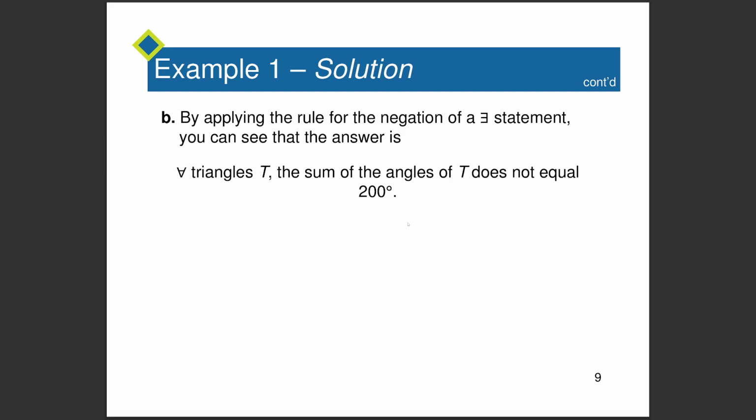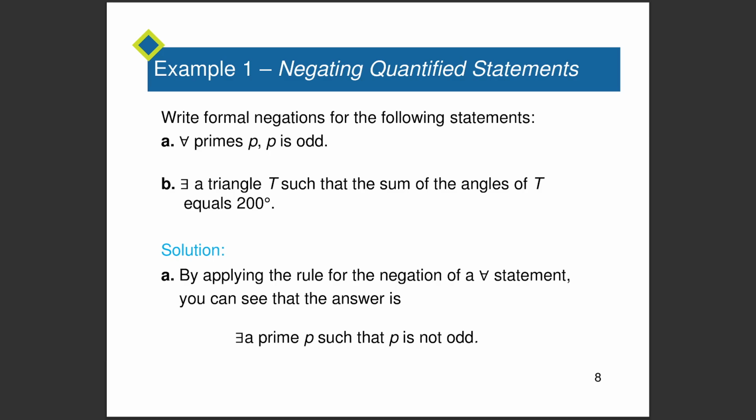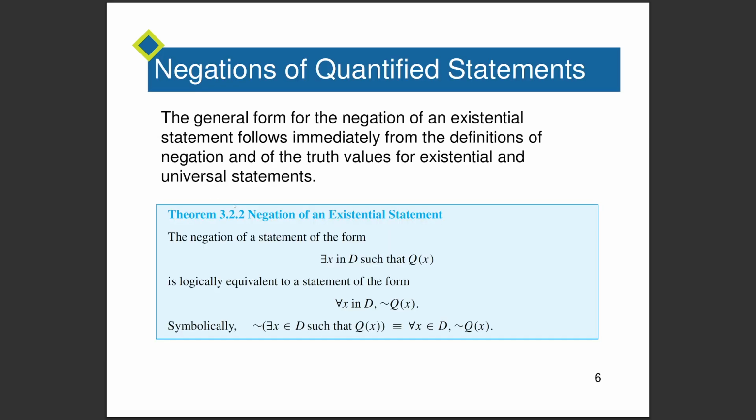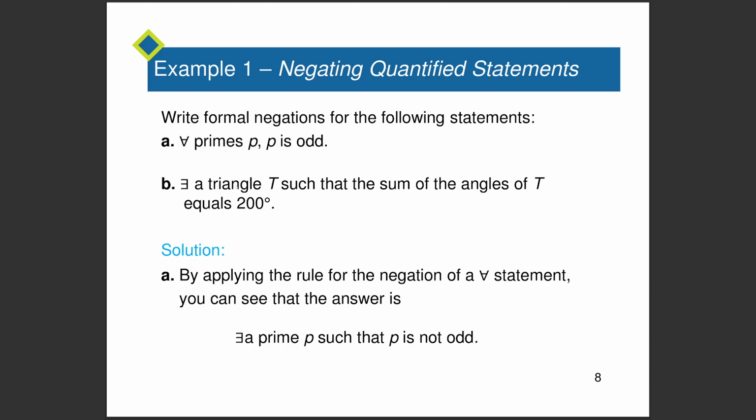So another equivalent statement could be something like, there exists a triangle. So if I said something else like some triangles have angles, okay, maybe I should write that down.